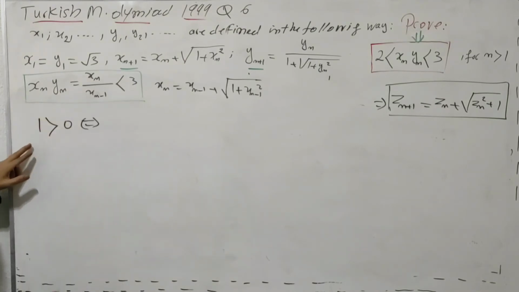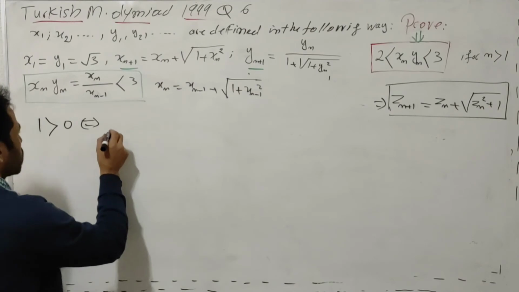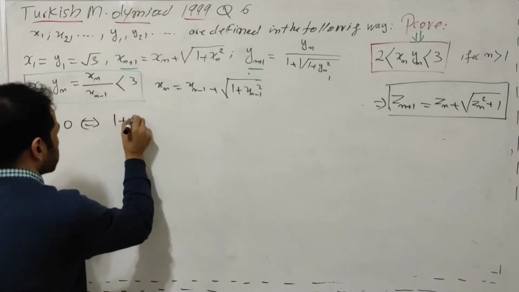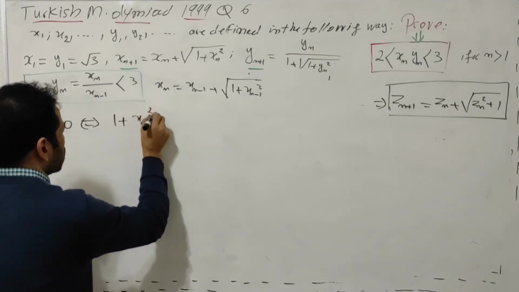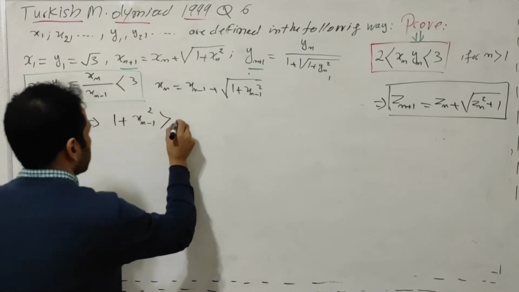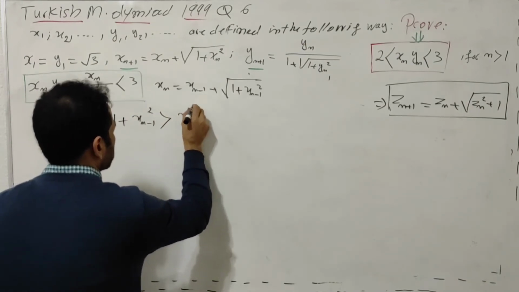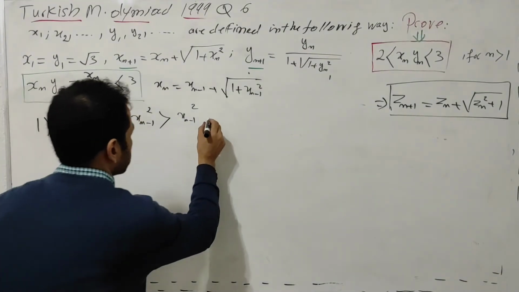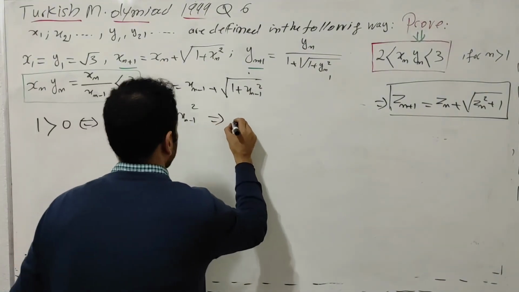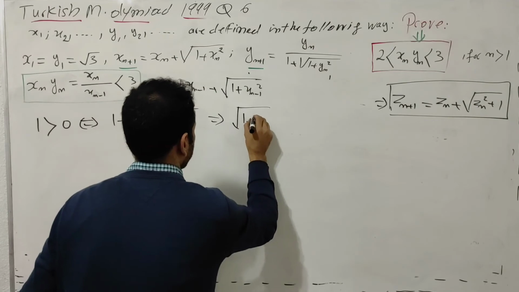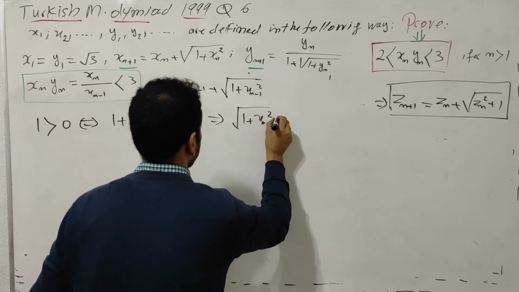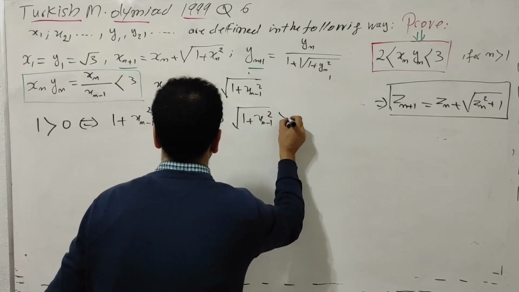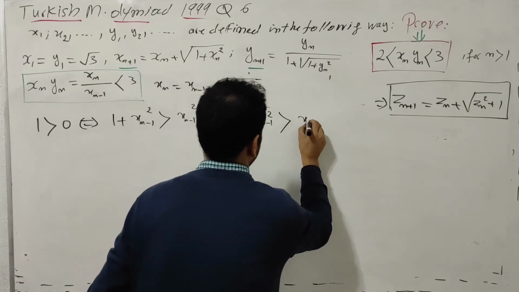I'm going to add x sub n minus 1 squared on both sides. So we have 1 plus x sub n minus 1 squared is strictly superior than x sub n minus 1 squared. Okay, I'm going to take the square root of both sides. I will have square root of 1 plus x sub n minus 1 squared strictly superior than x sub n minus 1.